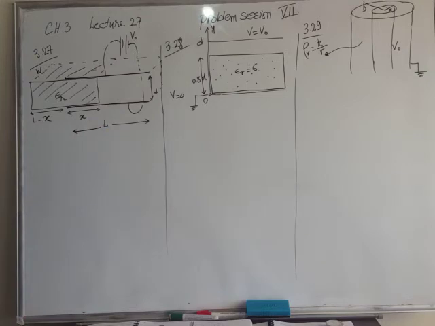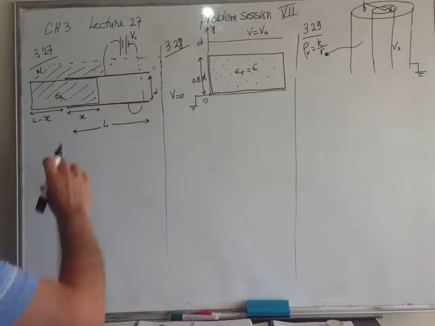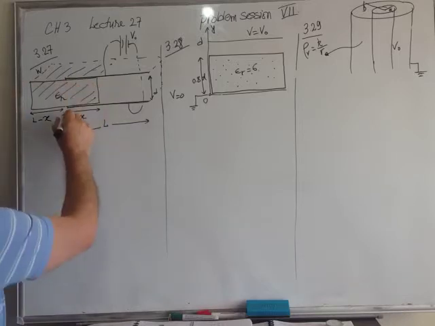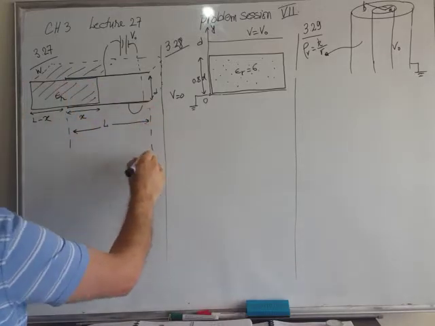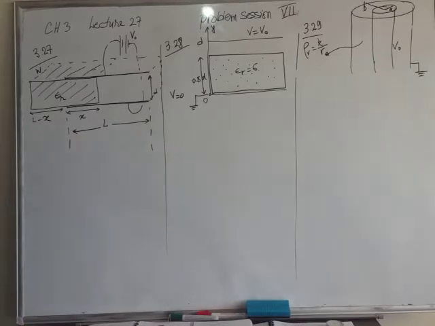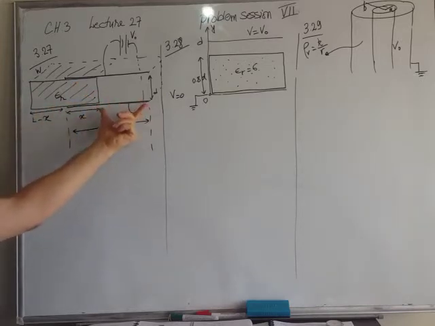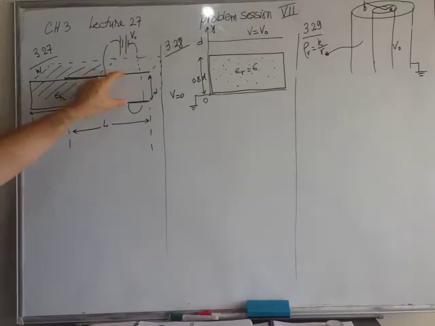Now, after pulling the dielectric slab, that region between the plates is similar to two different capacitors, one of them of length x, separation D, and with a dielectric between the plates, another one with a length L minus x, separation D, but with air being the dielectric.